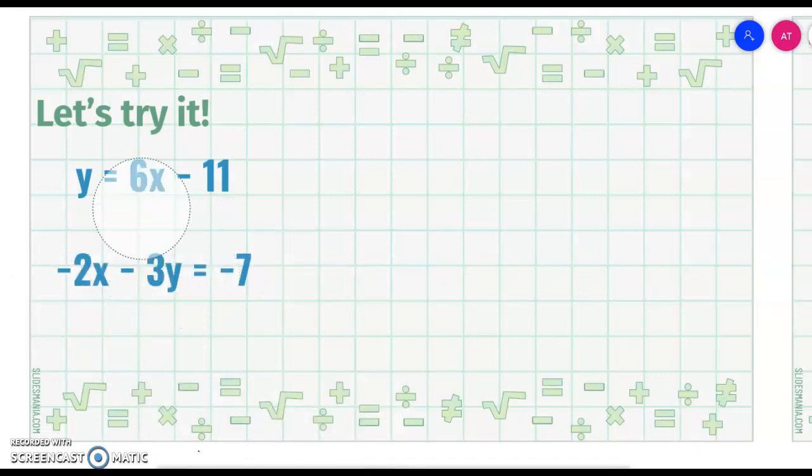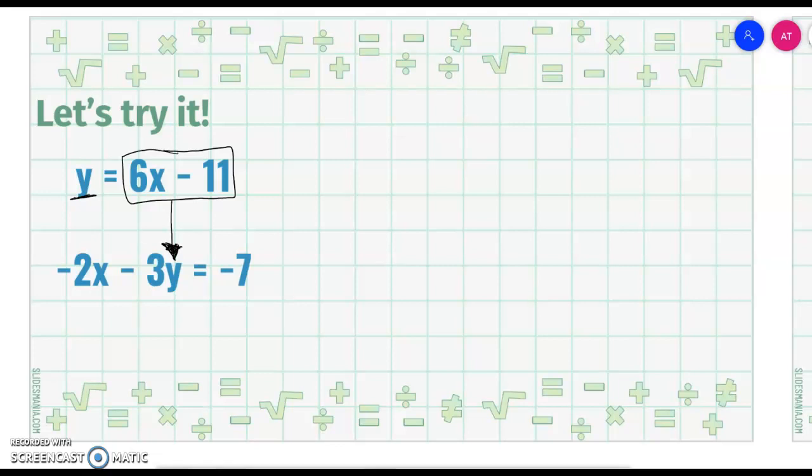So I'll show you why this method works, especially if you have problems where you're going to have fractions for your slope and y-intercept. So we have y equals 6x minus 11. What I'm going to do is take this 6x minus 11, plug it into where y is for the second equation, because this is what y equals.